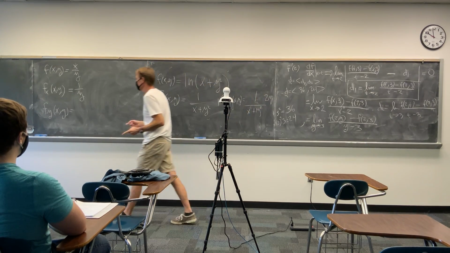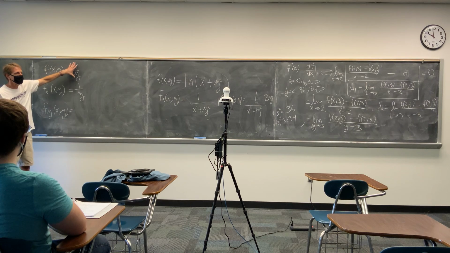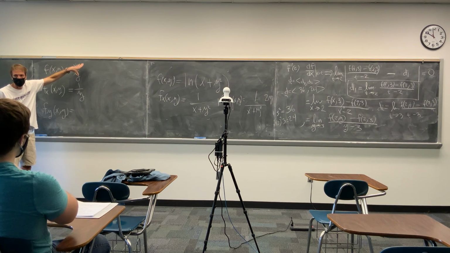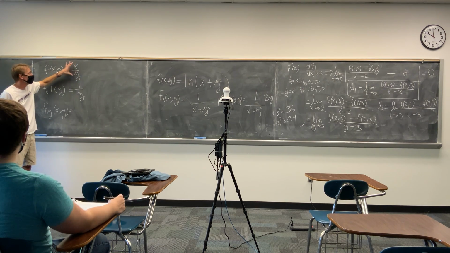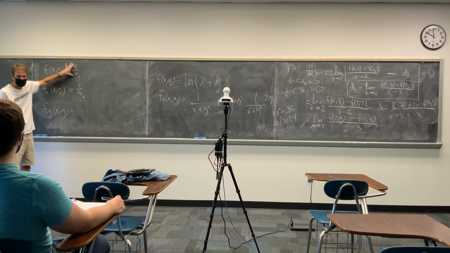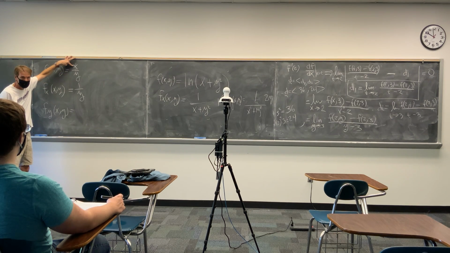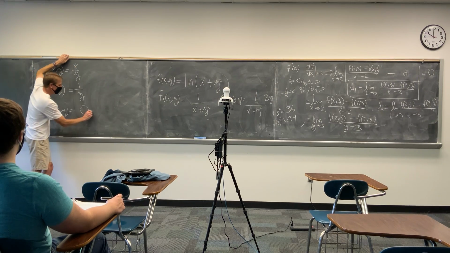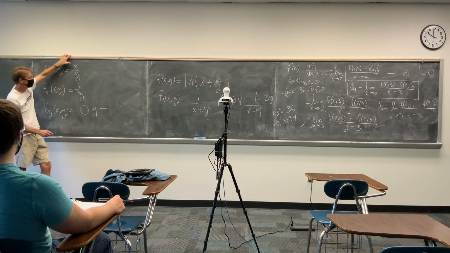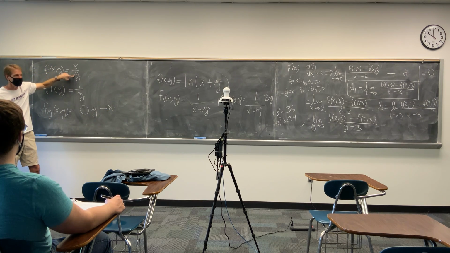Okay, so now let's look at the second one. You can either rewrite this as y to the negative 1 and go at it with power rule, but say you forget this. Let's use quotient rule. It would be the partial derivative of the numerator with respect to y, which is 0 since x doesn't depend on y, times the denominator, minus the numerator times the derivative of the denominator with respect to y.